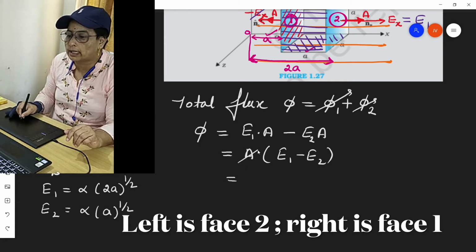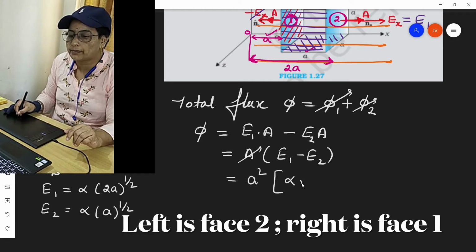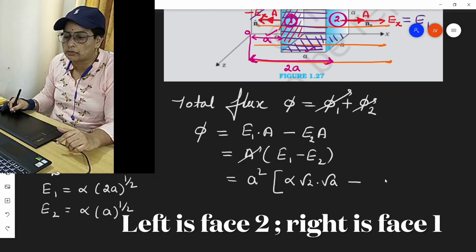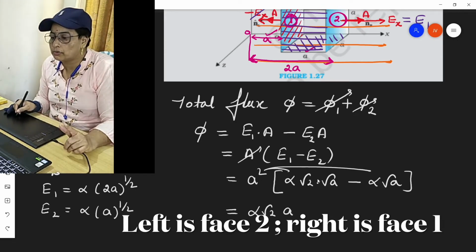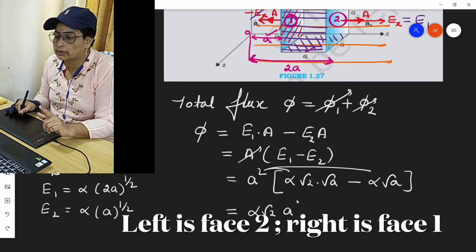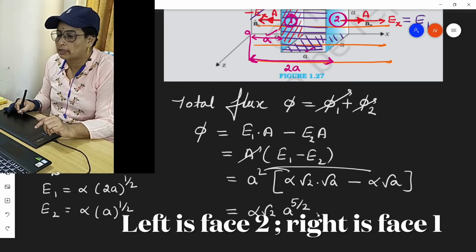So the area is a square, and E1 is alpha root 2 into root a minus E2, which is alpha root a. Let us distribute this over the bracket. Total flux is alpha root 2 a to the power 2 plus 1 by 2, so that will be 5 by 2, minus alpha a to the power same 5 by 2.